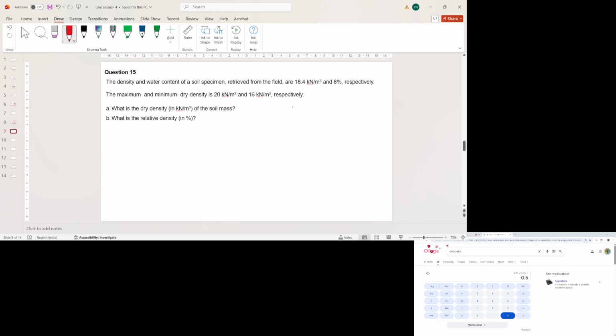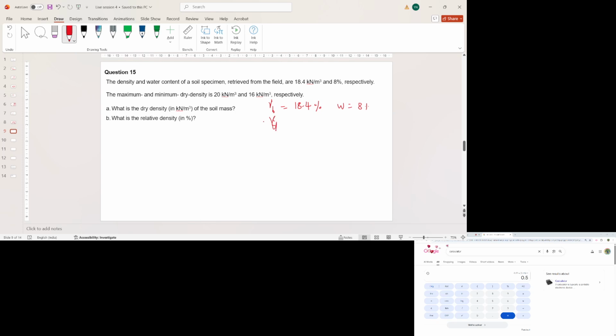What is the dry density of the soil mass? First question. Let us list down the parameters we have. We have gamma bulk at the field, which is 18.4, and water content, which is 8%.